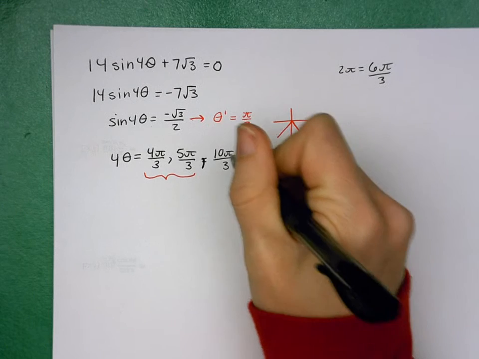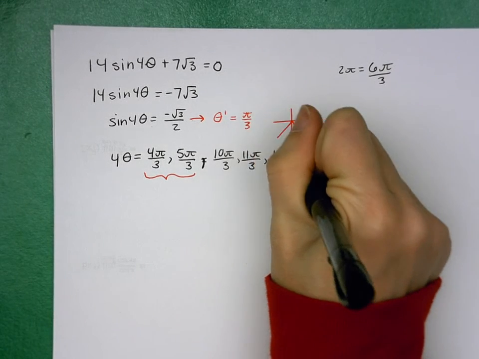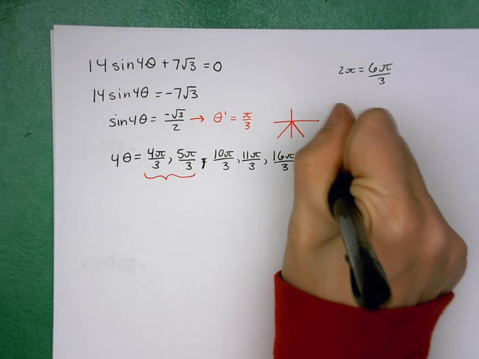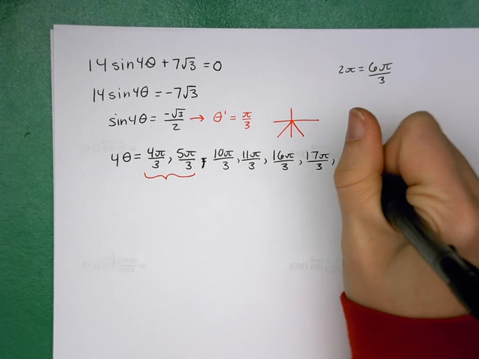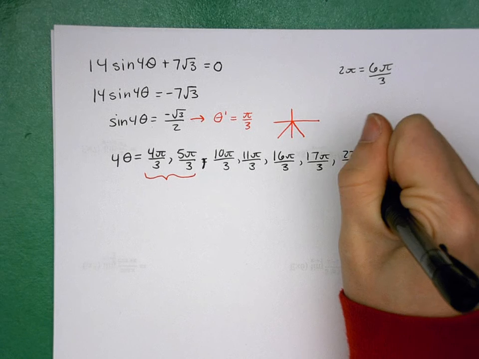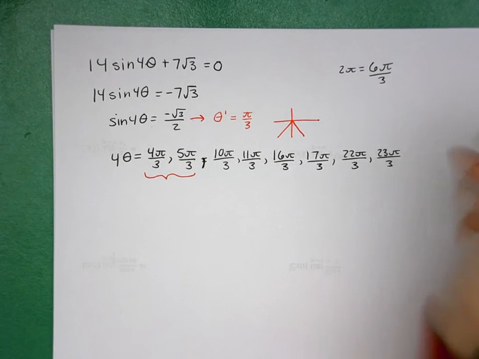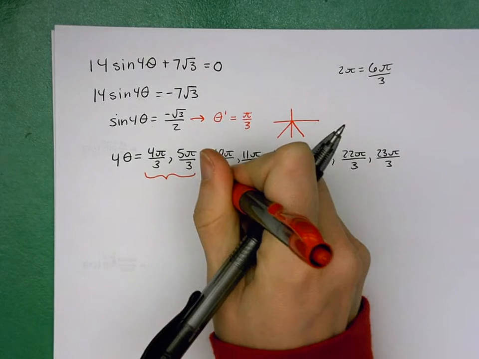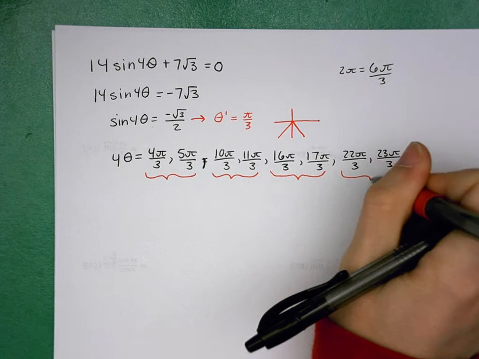Adding another 6 pi here, we have 16 pi over 3, and 17 pi over 3. So there's a third rotation. And fourth rotation, adding another 6 pi, 22 pi over 3, and 23 pi over 3. Okay, and so here are your 4 rotations. Second rotation, third rotation, fourth rotation.